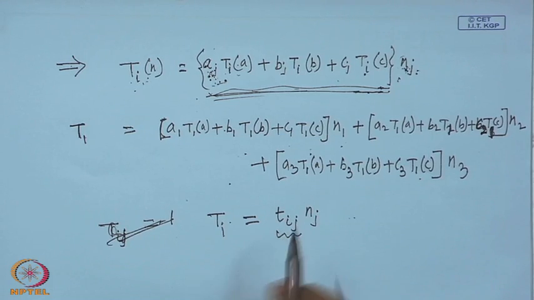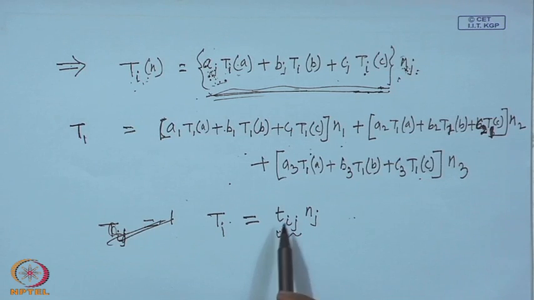This t i j is called the stress tensor, which is a second order tensor, and as you have seen here, irrespective of the choice of the axis system, independent of the choice of axis system, like the normal vector and force vector, this stress tensor is also independent of the choice of axis system.